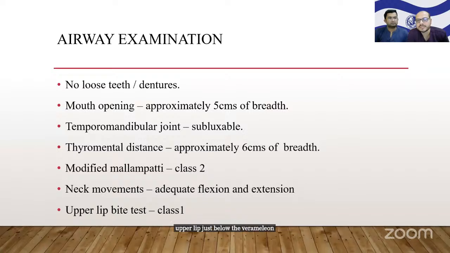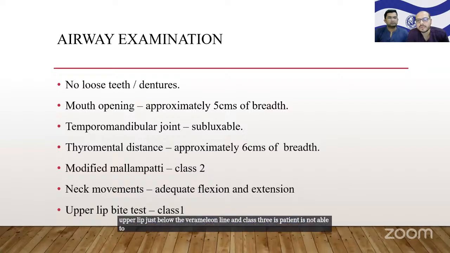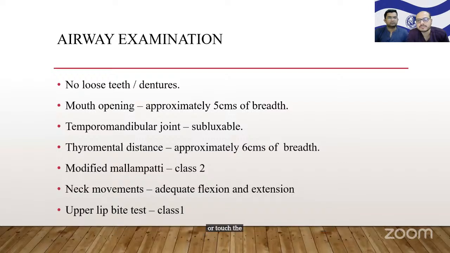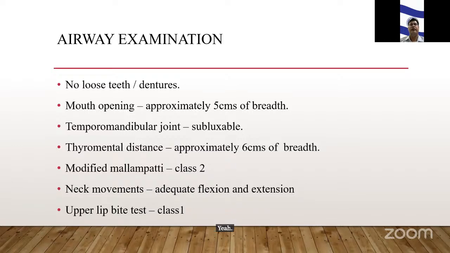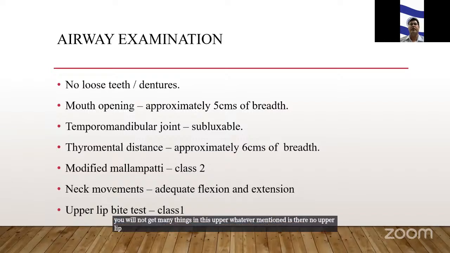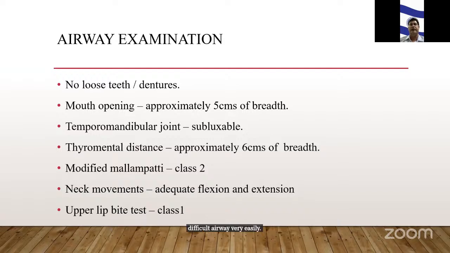And class 3 is when the patient is not able to touch the upper lip. Yeah, this is a very important parameter. Even if you do not get many things in the rest, the upper lip bite test will tell about a difficult airway very easily. Okay, next slide.